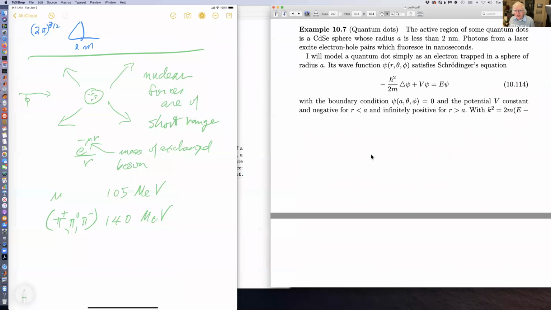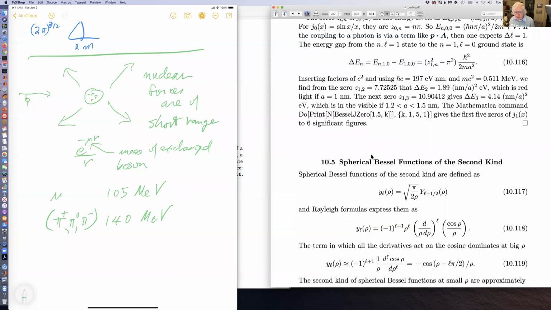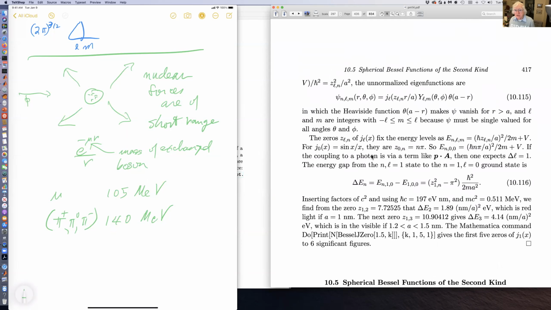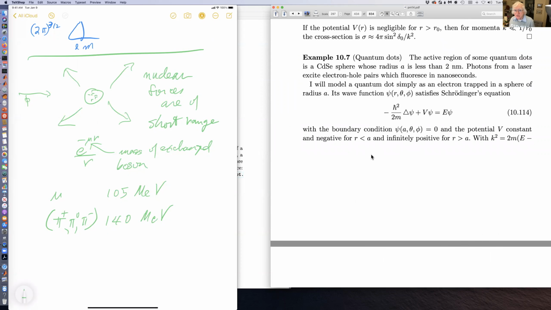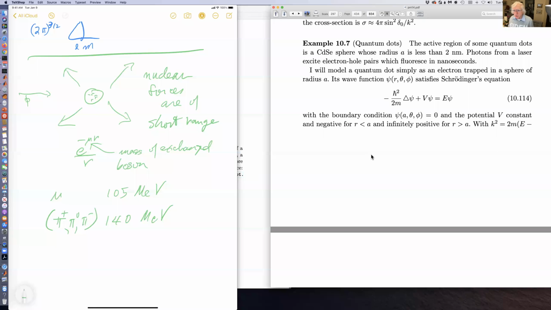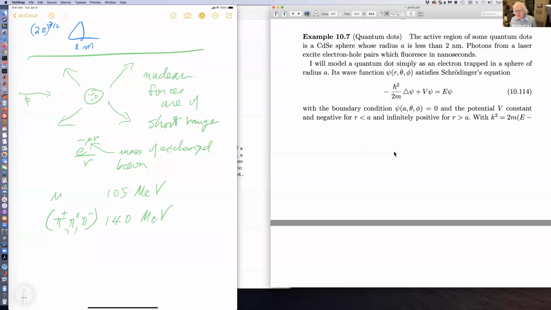Okay, I think the last topic in this chapter, oh no, we've got a little bit more to go. So let me do quantum dots quickly then. This is just the view of quantum dots from 30,000 feet. Here's Schrodinger's equation. What is a physical quantum dot?